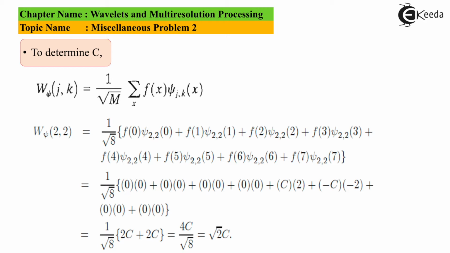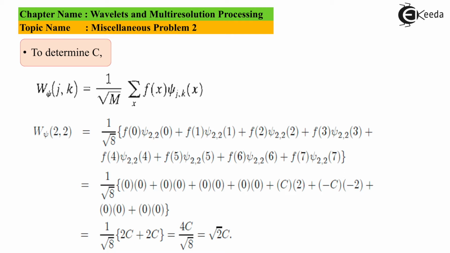Inside the bracket here we have the product of f of 0 with psi suffix 2 comma 2 of 0. The second term will be a product of f of 1 with psi suffix 2 comma 2 of 1. The third term will have the multiplication of f of 2 with psi suffix 2 comma 2 of 2. Next we have the product of f of 3 with psi suffix 2 comma 2 of 3.